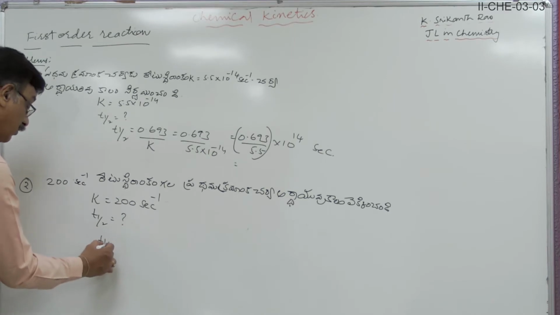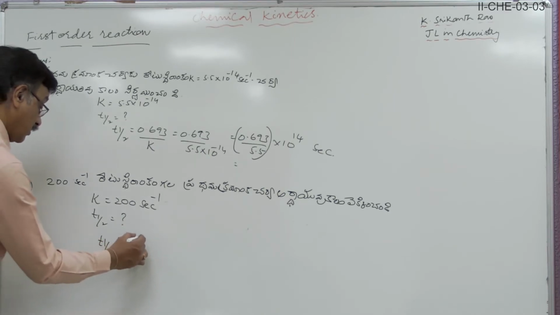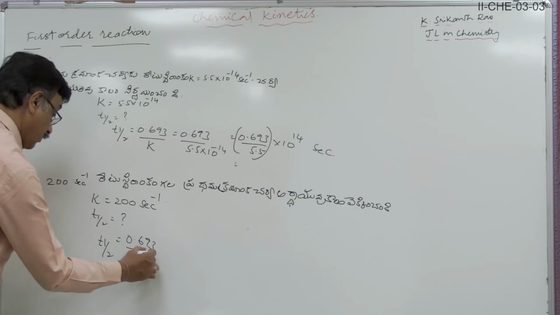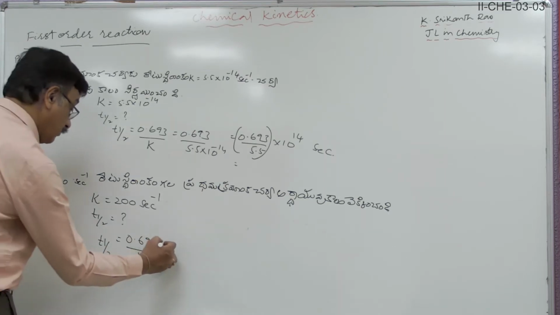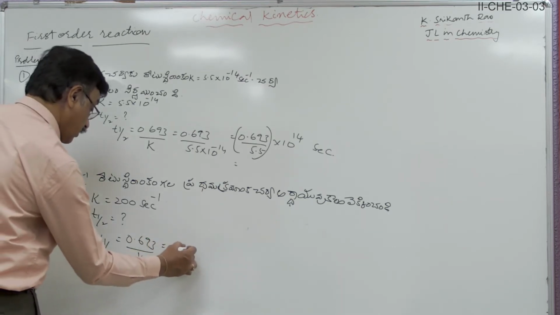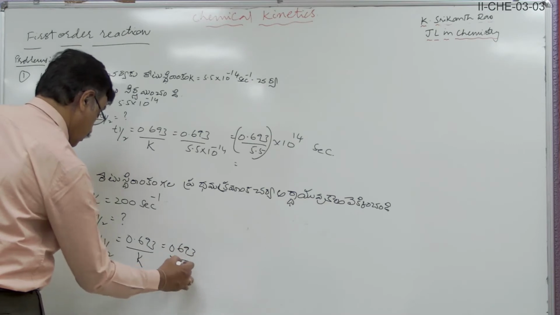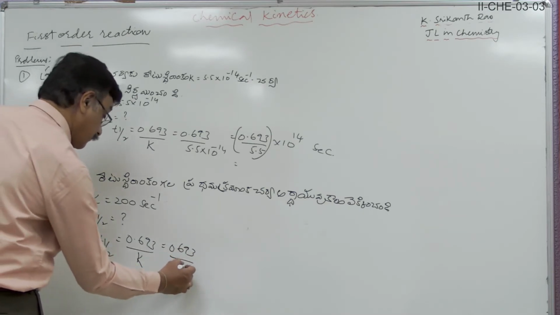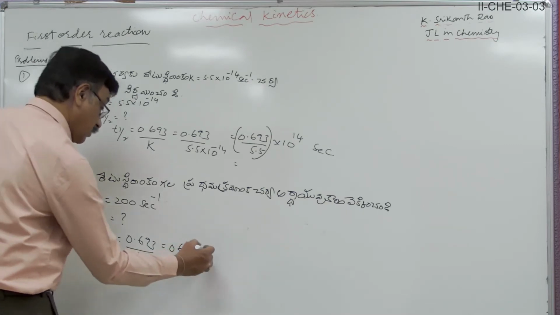Similar to the earlier problem, T half equal to 0.693 by K. So that equal to 0.693 by 200. Right?